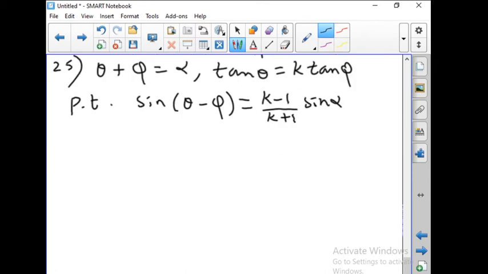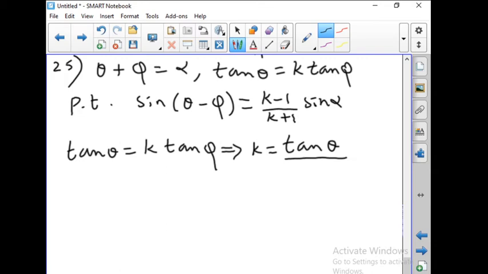Okay, this we have to prove. So now tan theta is equal to k tan phi. So from this, what is k? Tan theta by tan phi. Okay, this is k.